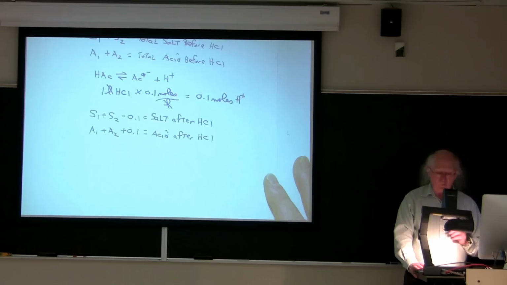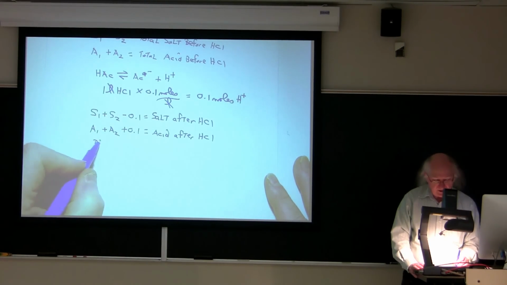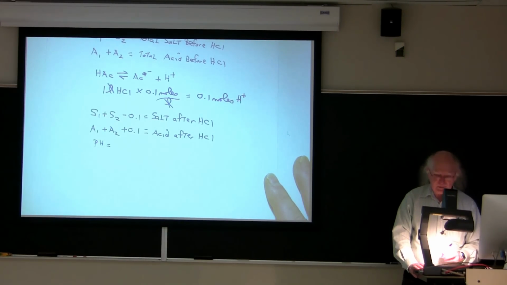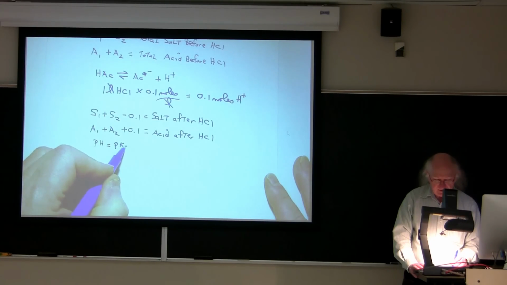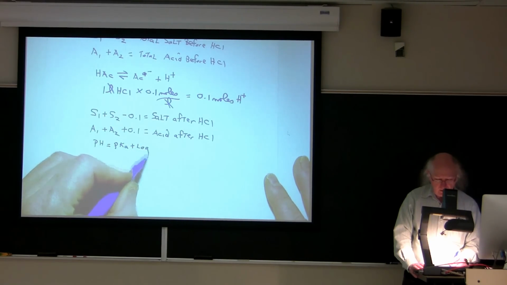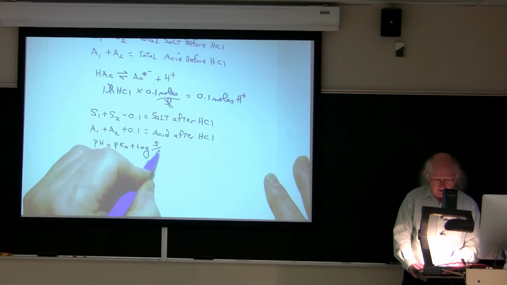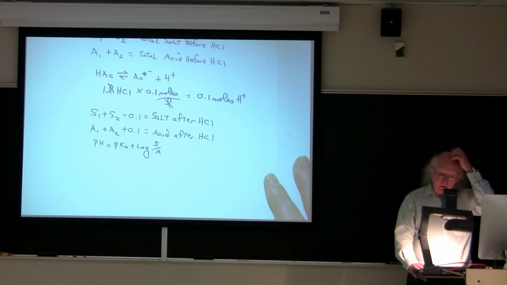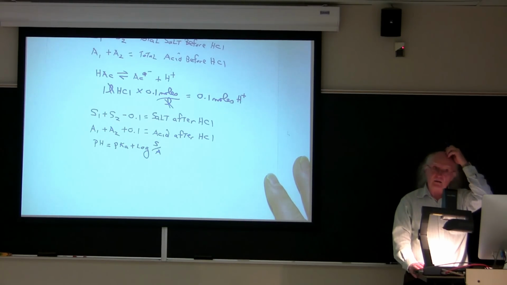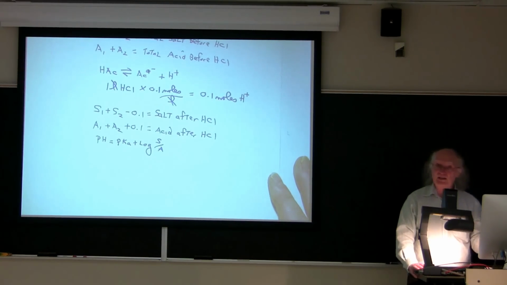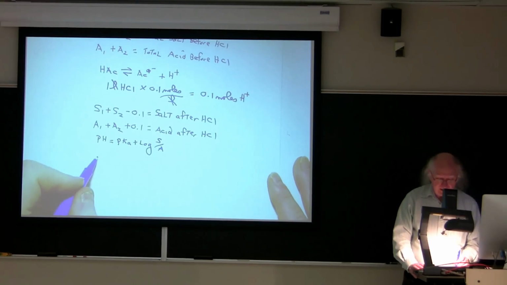The question asks me, what's the pH? Well, pH, I will remind you from the Henderson-Hasselbalch equation, is equal to the pKa value of the system plus the log of salt over acid. Now, you can convert those quantities to concentration if you want, but since everything at this point is in the same volume of solution, it really doesn't matter.